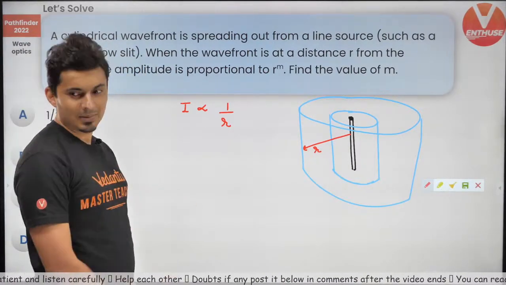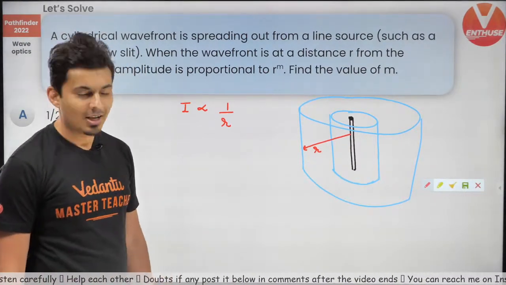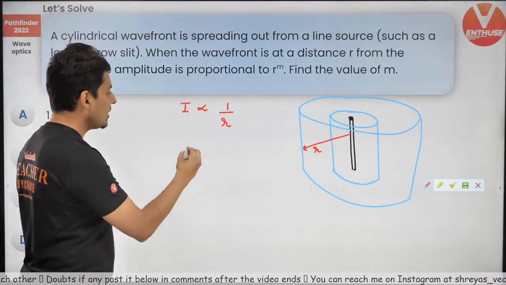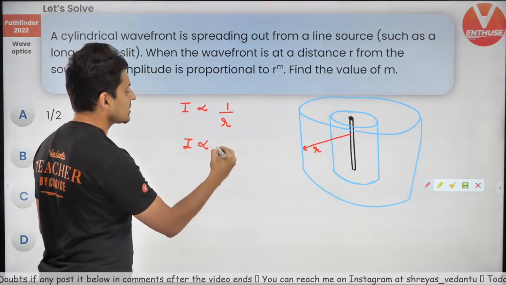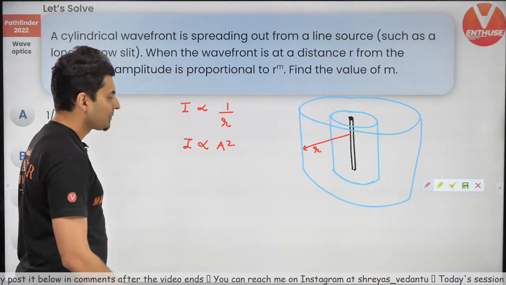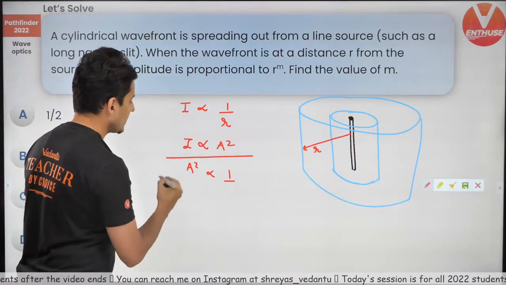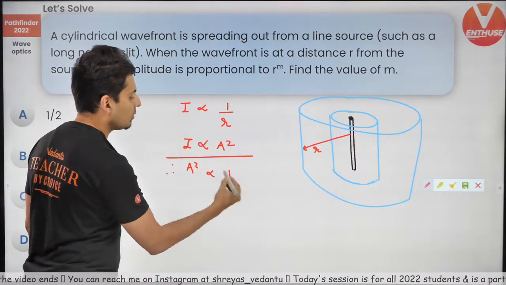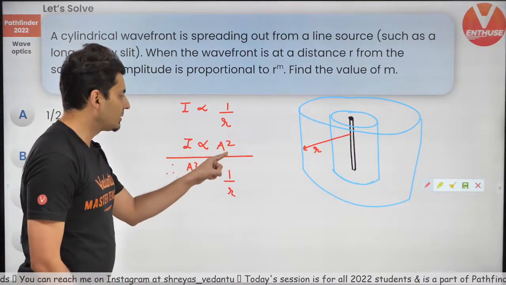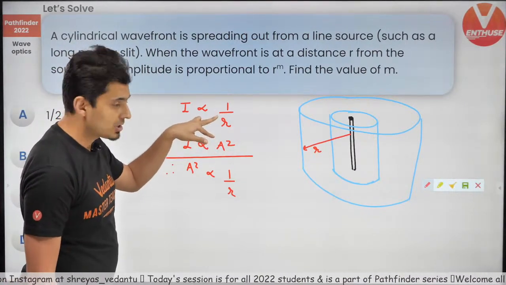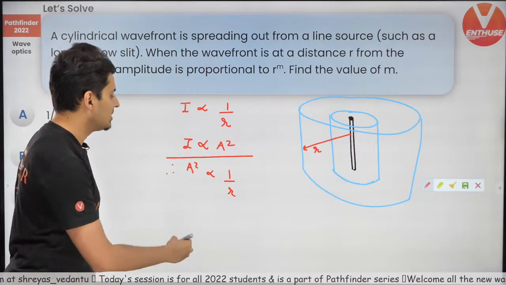I hope you remember that. Intensity was proportional to 1 by r for a cylindrical source. And also I told you intensity is proportional to the square of the amplitude. Therefore the square of the amplitude is proportional to 1 by r.